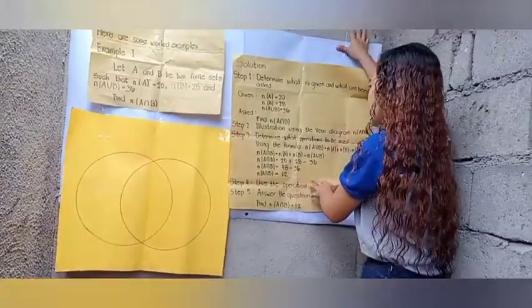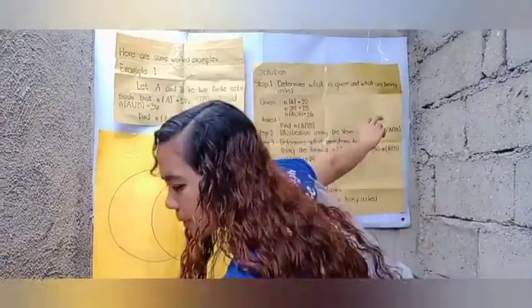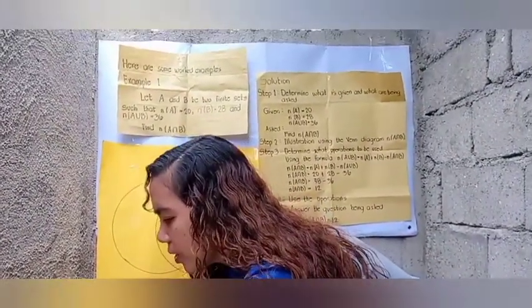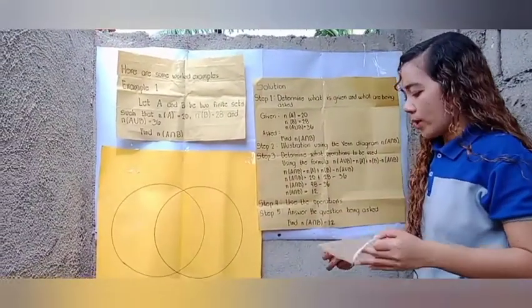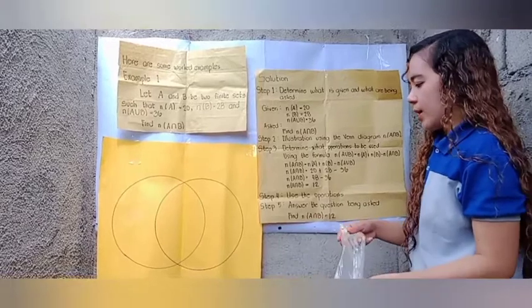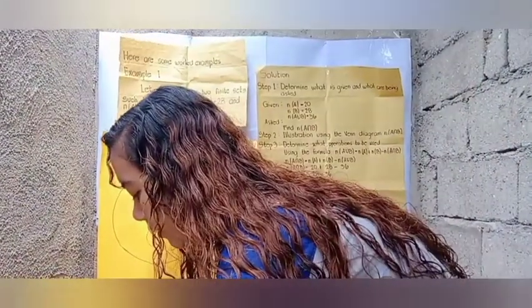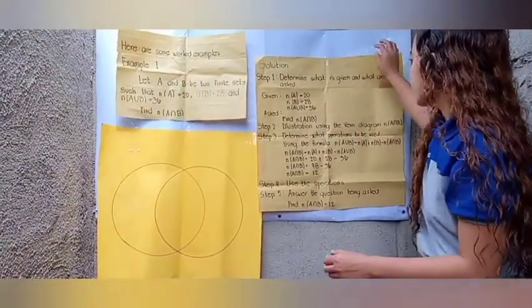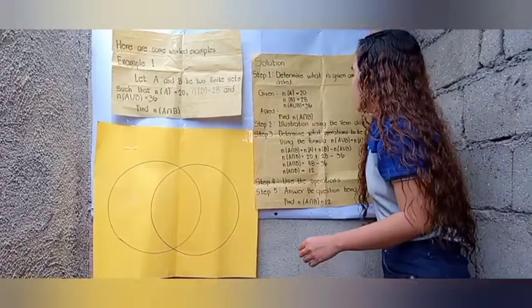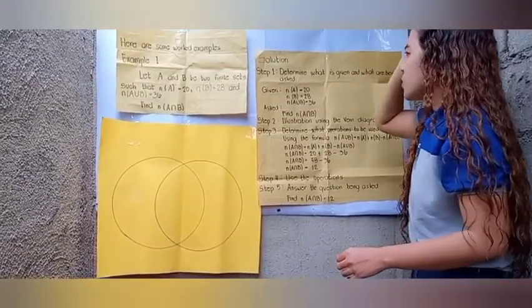So, our step 2 is illustration using the Venn diagram. For the illustration using the Venn diagram, of course, we're going to draw the Venn diagram with 2 circles. And then, we have to illustrate this.